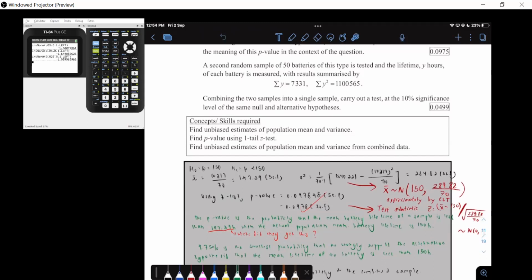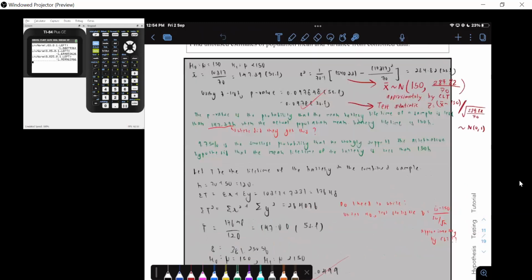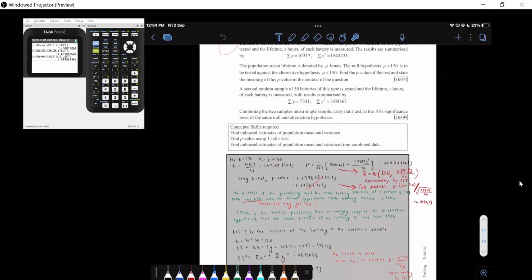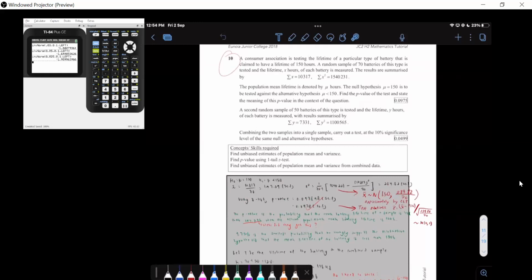Let me share screen. So what was I saying? Yes, this 147.39 is actually the value that was calculated from the sample mean, right? So that is the value that is obtained.